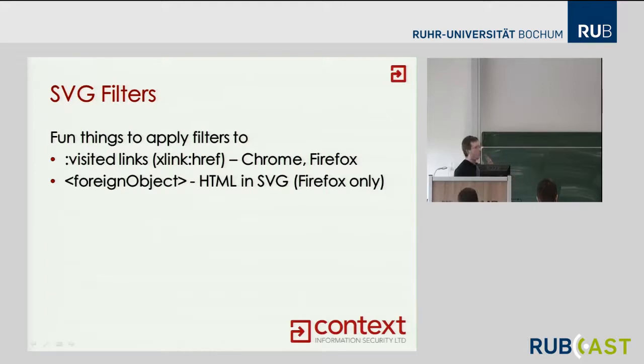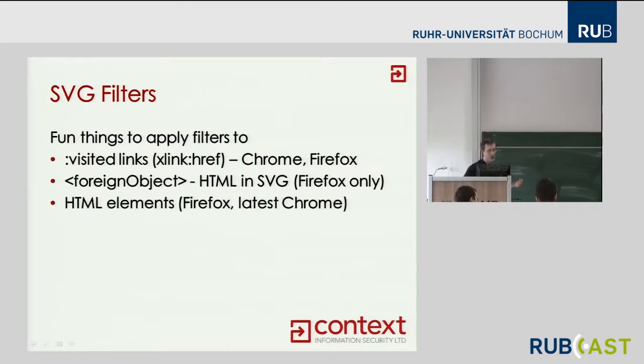In SVG, there's something called foreign object, which lets you embed HTML inside of an SVG document. IE doesn't support foreign object. Chrome does, but you can't apply SVG filters to it. You can only do that in Firefox. And really interesting in Firefox is that they took the SVG filter spec and said, let's make it so that you can apply this to HTML as well.